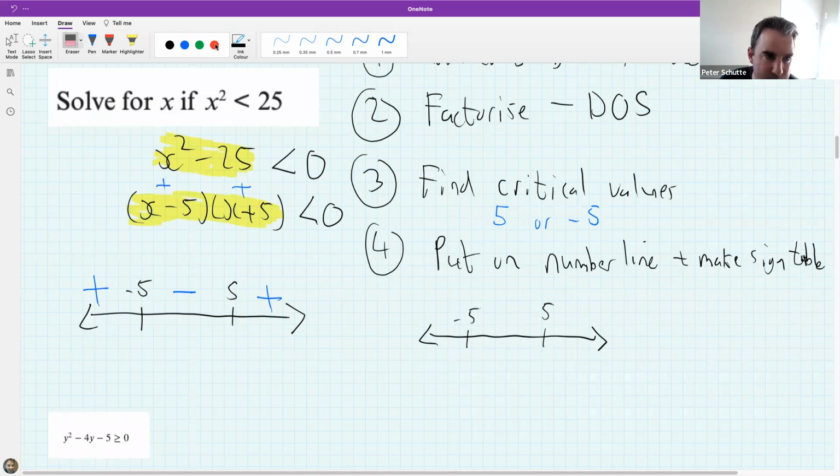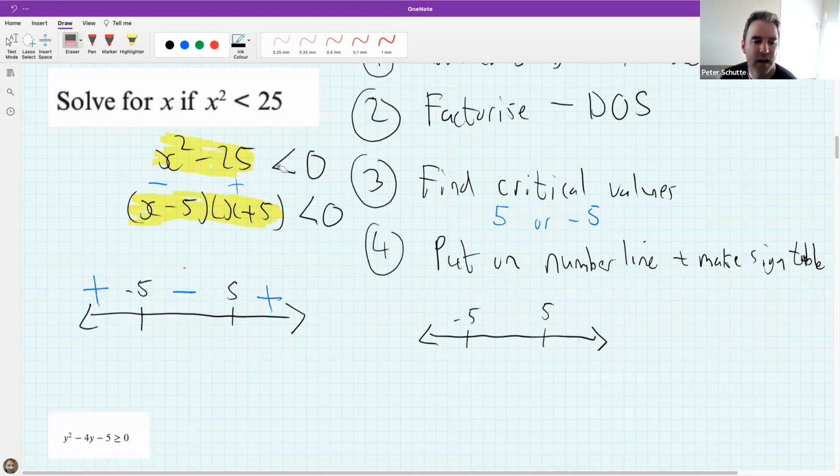I predict, because I can see on my sign table that 3 falls in between here, if I put this into the expression, I should end up with a negative. Let's see. If I put 3 in here, 3 minus 5 is negative 2, so it's a negative. And 3 plus 5 is a positive. What is a negative times a positive? It's equal to a negative. And good for me because that's what I predicted.